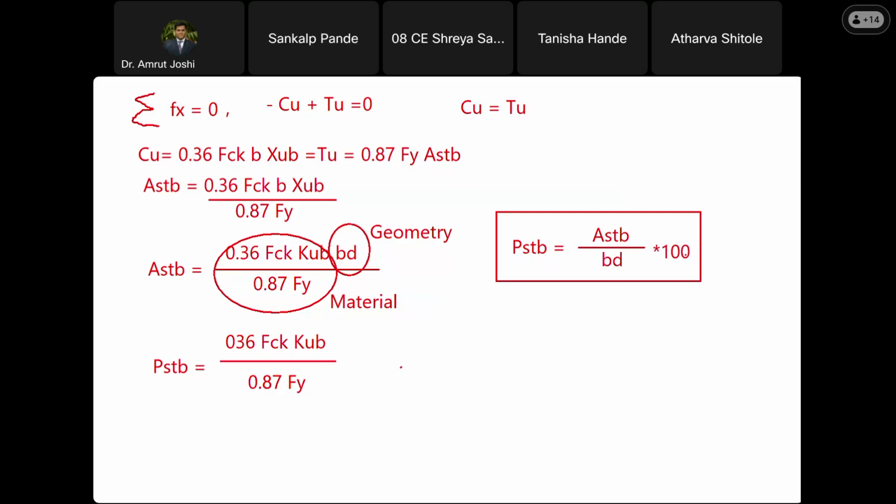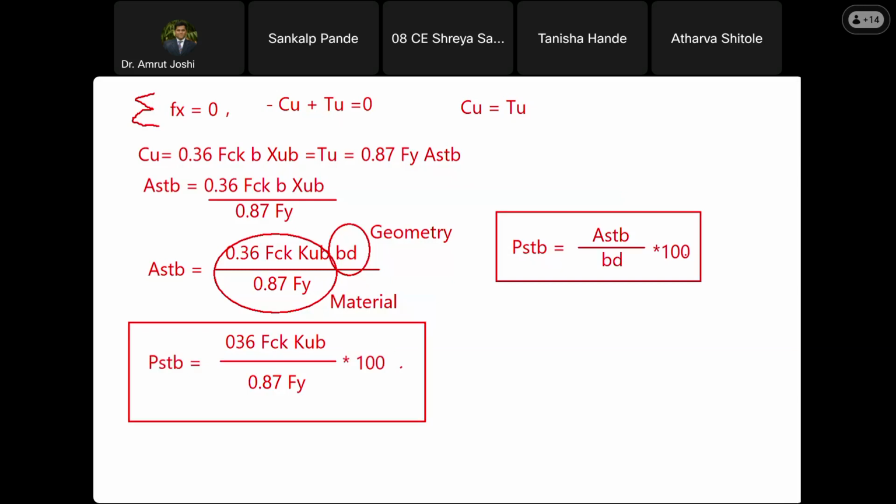Are you with me, Shreya? Happy? So this is the formula that we have for percentage of steel for balance section.